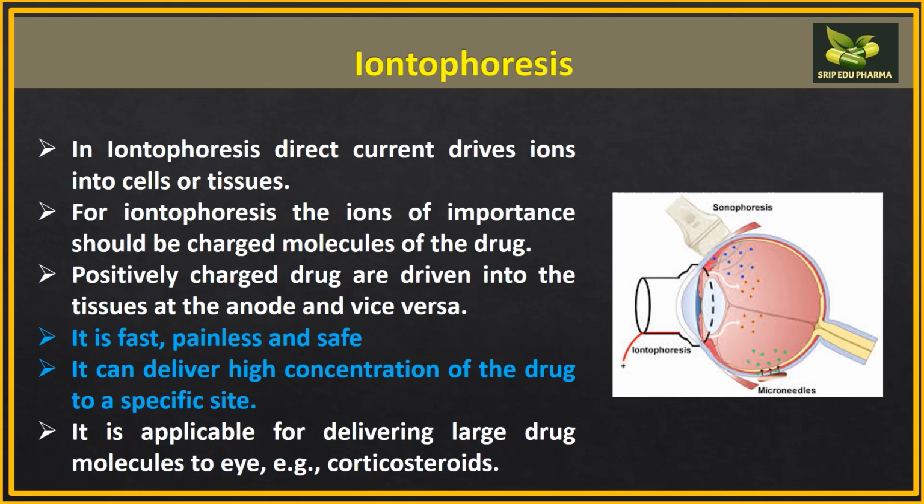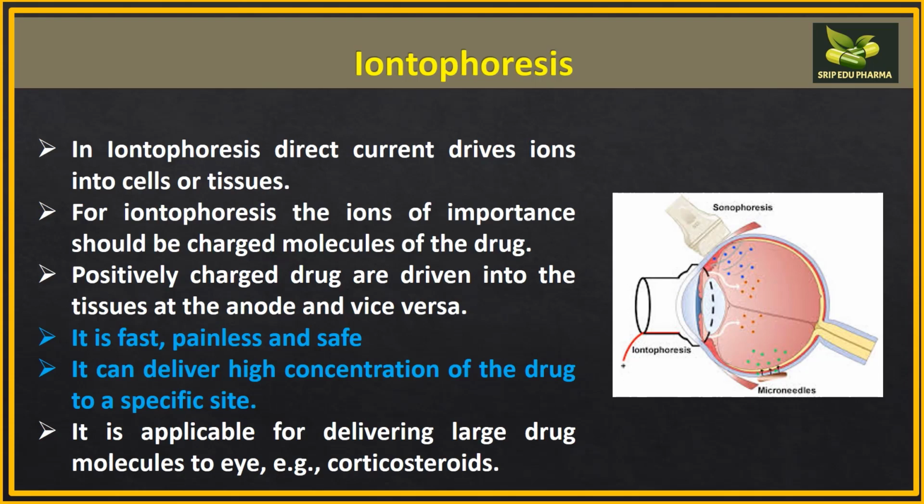Next is iontophoresis. In this, the direct current drives ions into the cells or tissues. And in iontophoresis, the ions of importance should be charged molecules of the drug. We see that the positively charged drugs are driven into the tissues at the anode and vice versa.